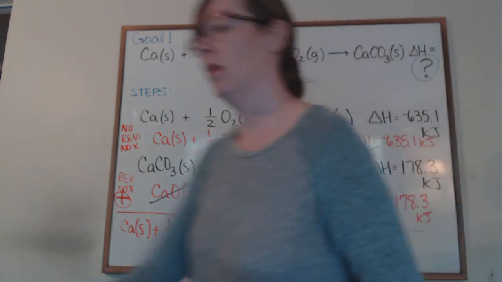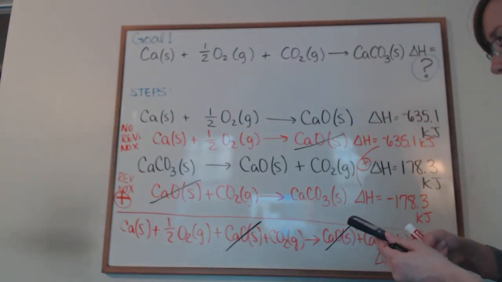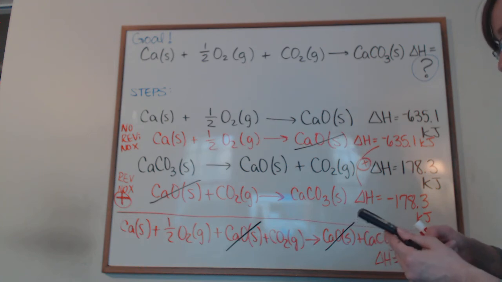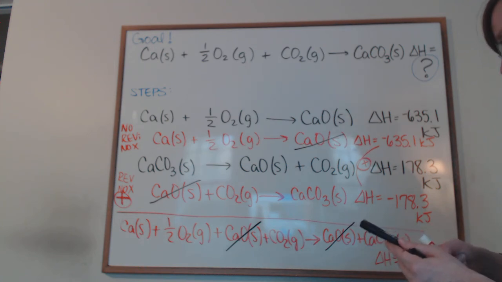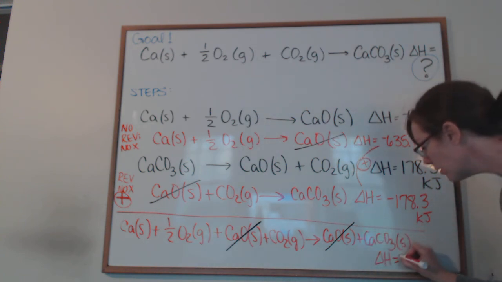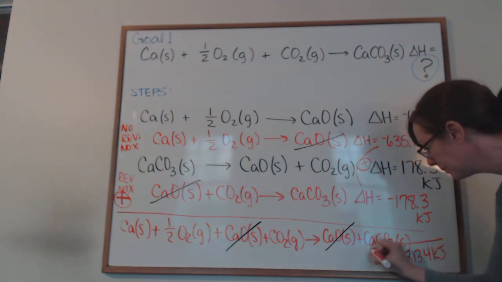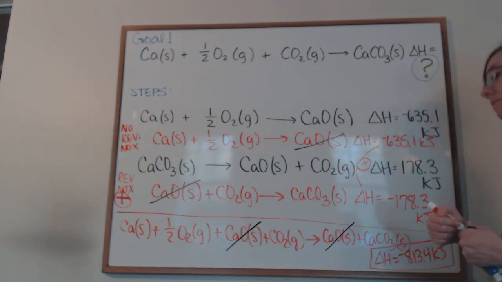And so if you just take that to your calculator, you will get the answer to the question. So negative 635.1 plus negative 178.3, and you'll get negative 813.4 kilojoules. And that is the answer.